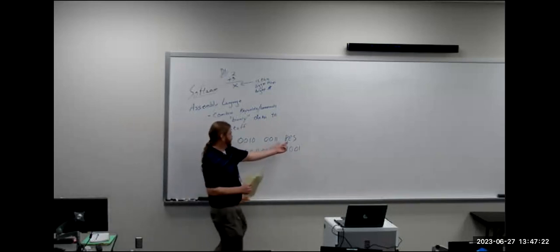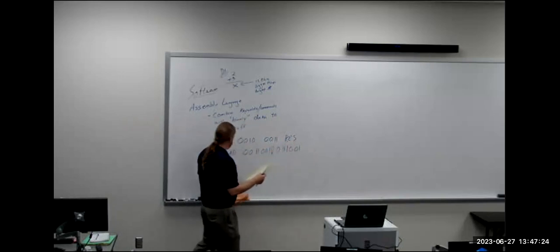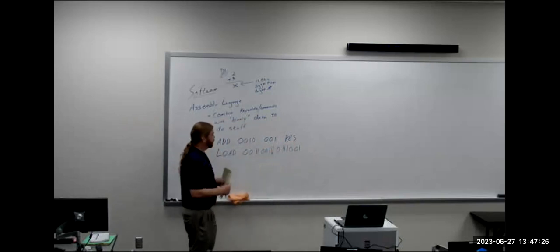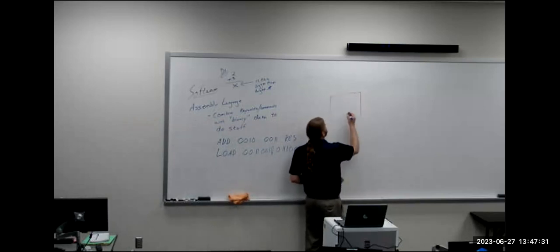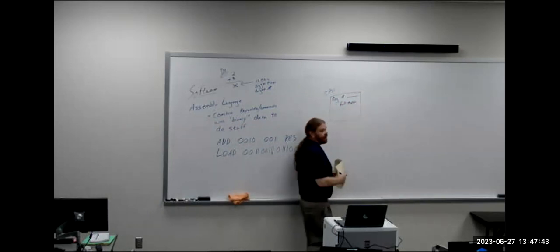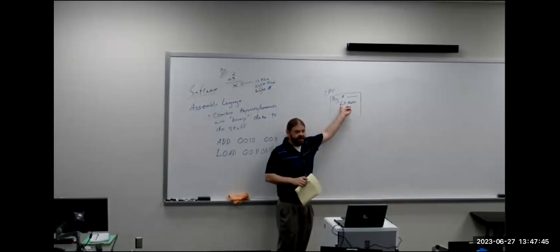So we had to take our result, and I'm gonna draw a picture. In our CPU, we have a couple registers. There's register A, the full adder, that's the thing that does the math.